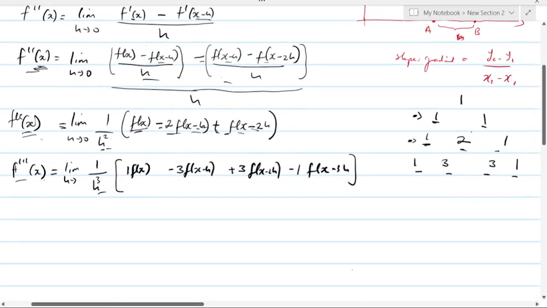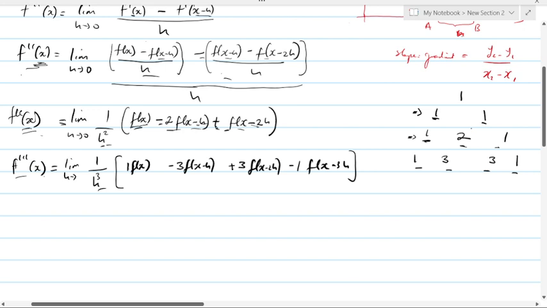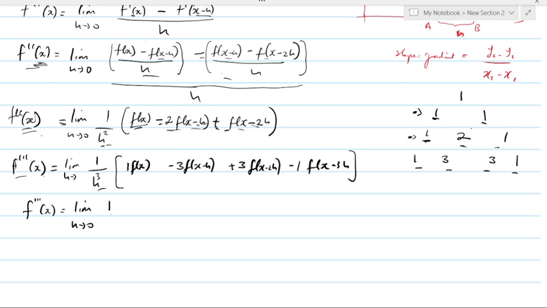So let's rewrite this properly by removing all those coefficients of 1. We have f triple prime, the third derivative, is the limit as h tends to 0 of 1 over h cubed.